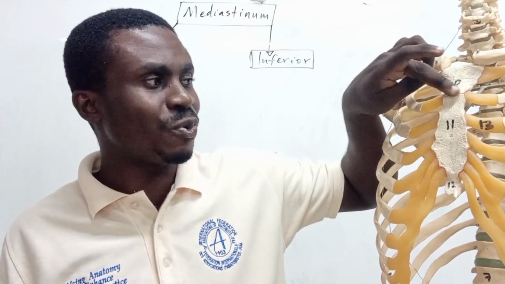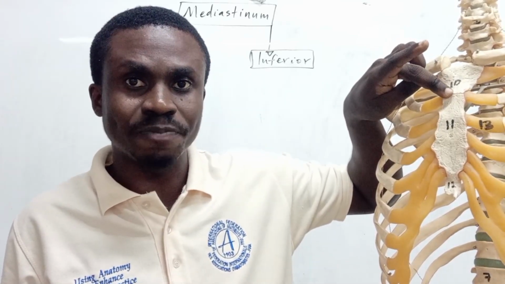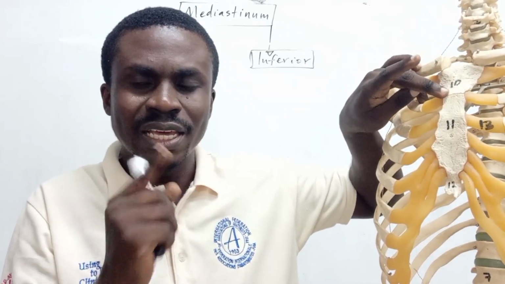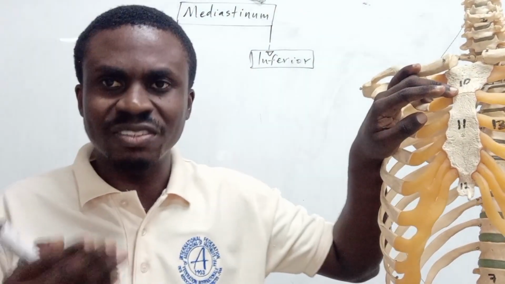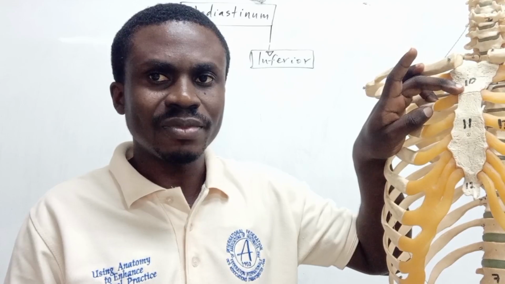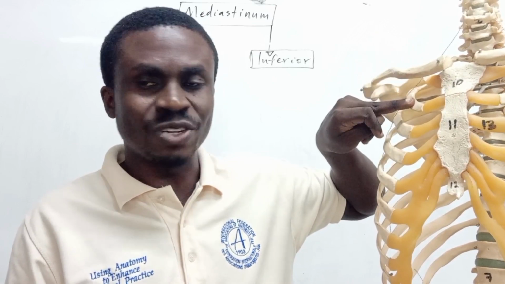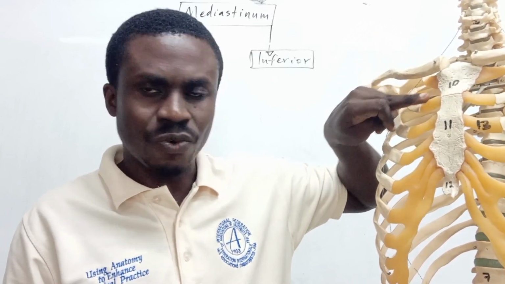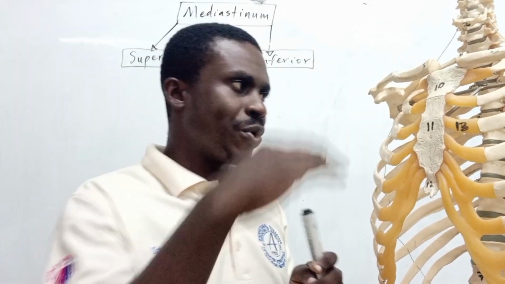It is called the manubriosternal joint, which is related to the angle of Louis, and I've told you that this angle is approximately 163 degrees. Anteriorly, it is related to the second rib and the second costal cartilage. That is what we see over here.